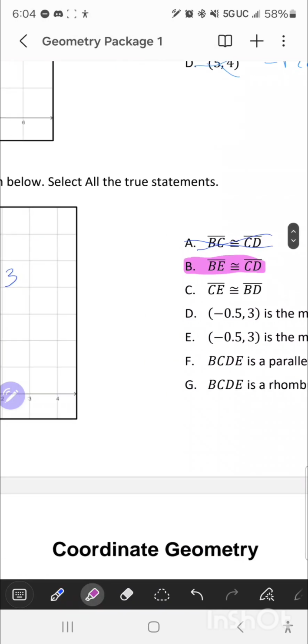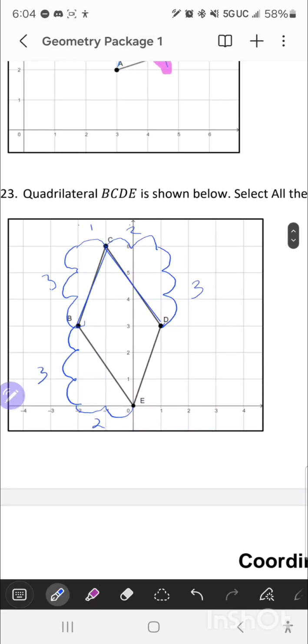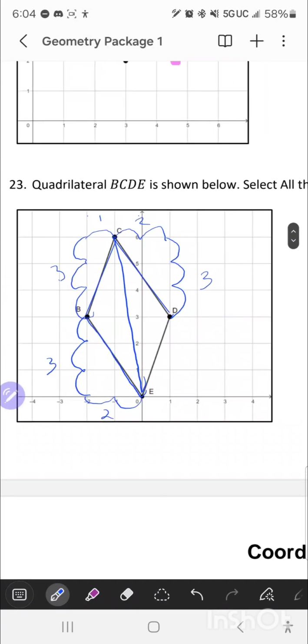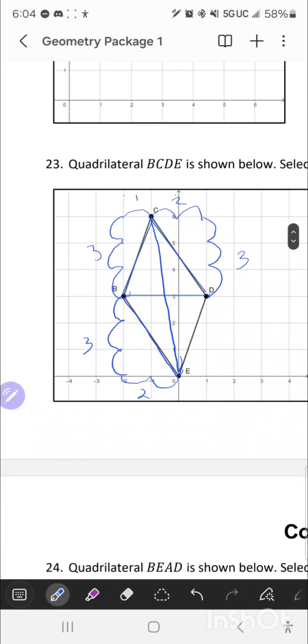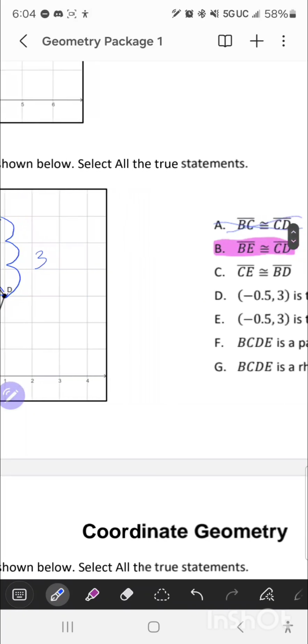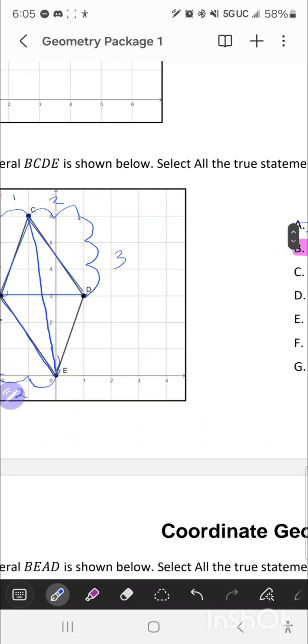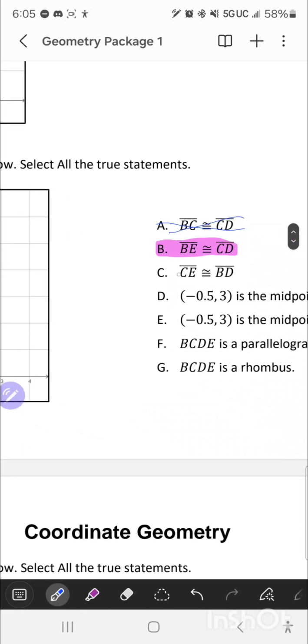Now for C, is CE equal to BD? Just by visualizing, we see that CE is a lot greater, a lot bigger than BD. By just taking a quick look at the graph, this is, of course, not a true statement.